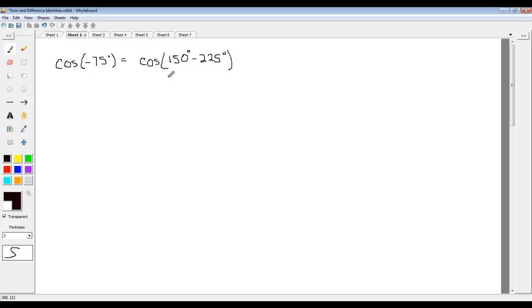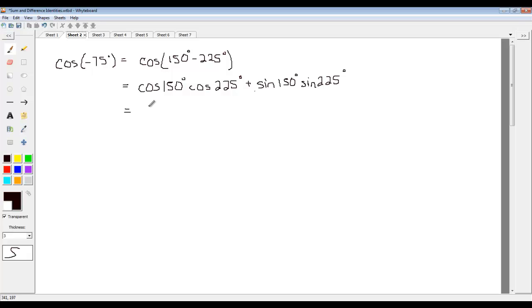So you can then go, okay, using my identity I now know, I can rewrite that as cosine of 150 degrees, cosine of 225 degrees. And since the cosines stay close, the price we pay is to change the sign to plus sine of 150, sine of 225. All of these are on the unit circle, making this easier to work.